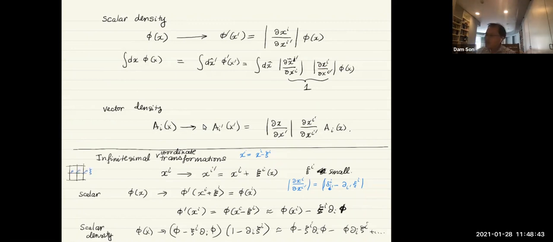And here the formula for the scalar simply means that we just have a derivative along the direction xi.